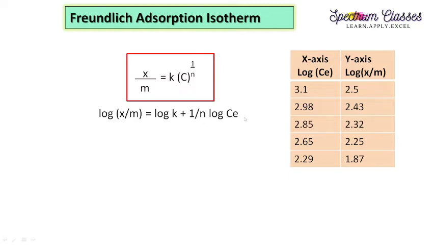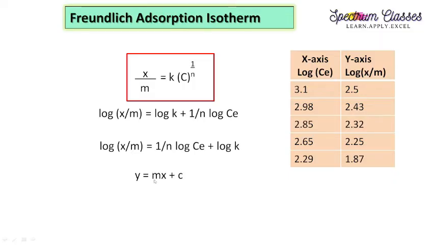So this is the value of log base 10, right? So log base 10 x upon m is equal to log base 10 k plus 1 upon n log base 10 CE.